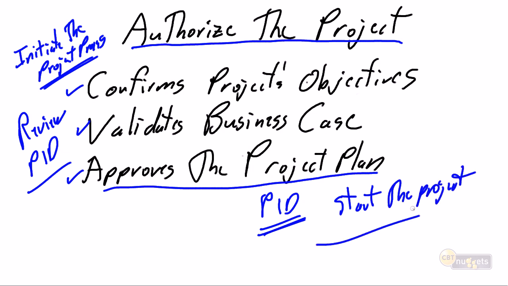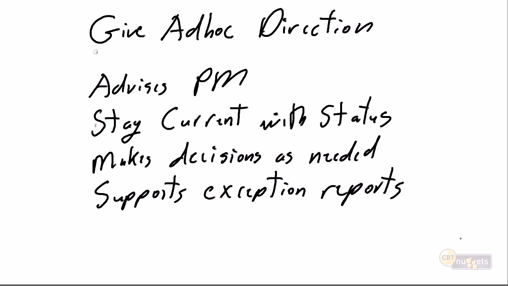So there's significant overlap between these senior management activities in direct the project and the project management activities we have in our other process areas. So with the context of how those approval processes fit into the overall Prince2 project management processes, this next direct the project activity is much simpler to put into context because it's giving ad hoc support.